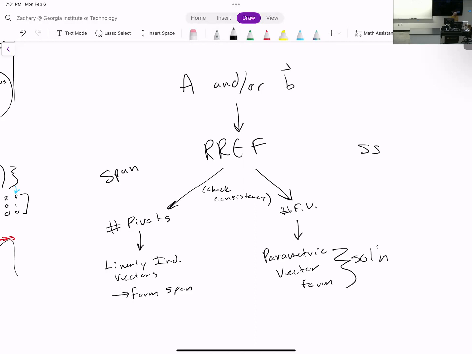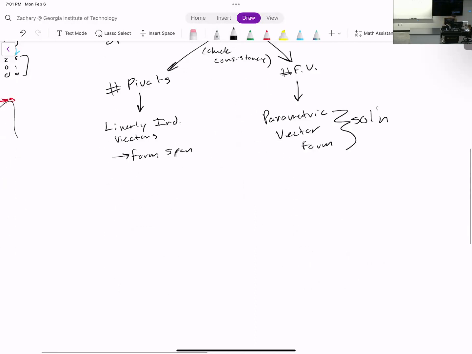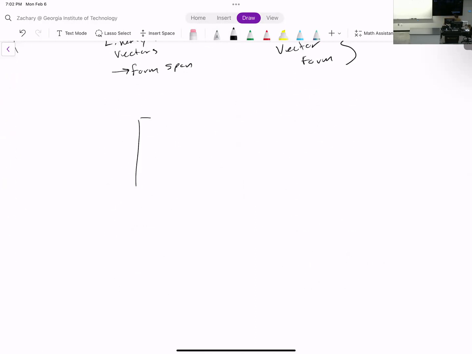Are there any particular questions from past exams, homeworks, quizzes, anything like that we want to go over? Absolutely. So, parametric vector form.